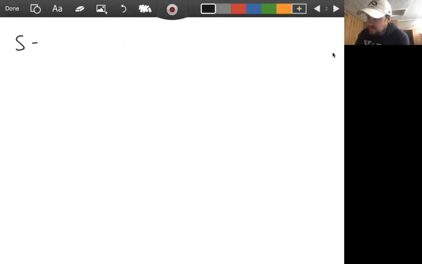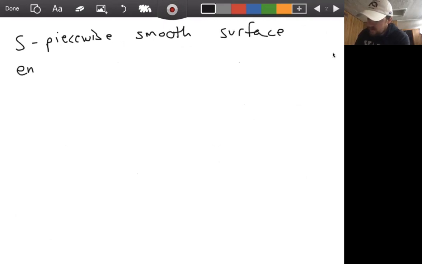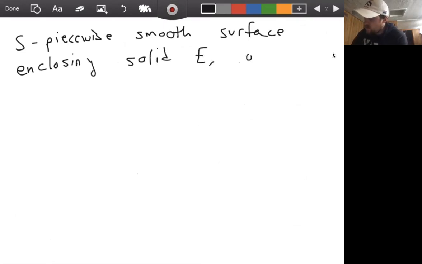So let's let S be a piecewise smooth surface enclosing solid E. And let's say S is oriented outward.